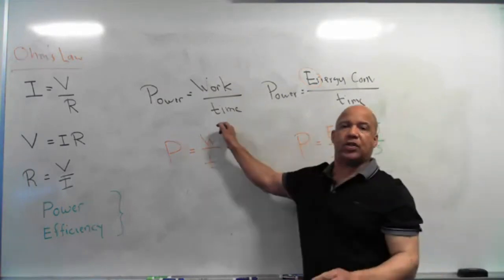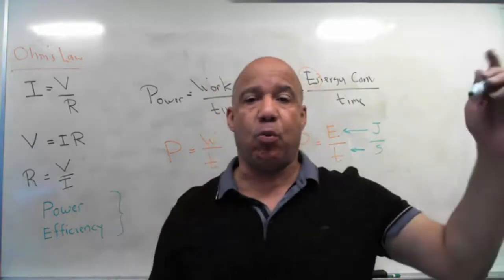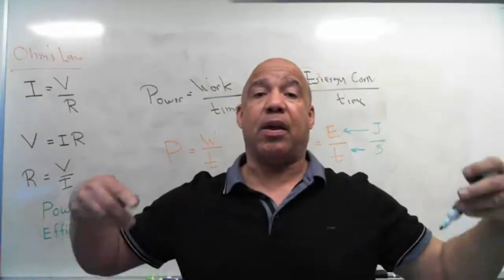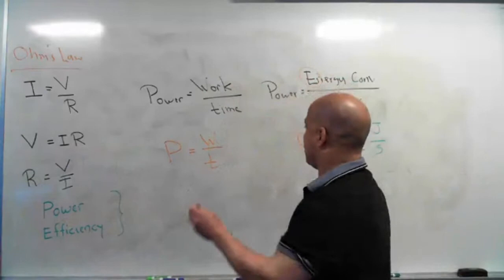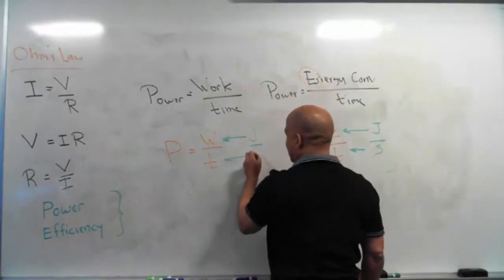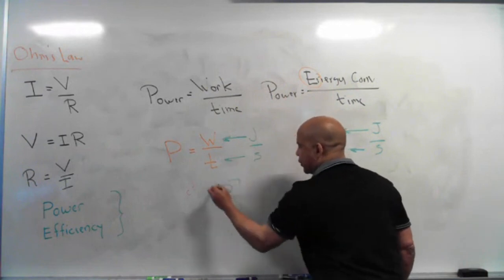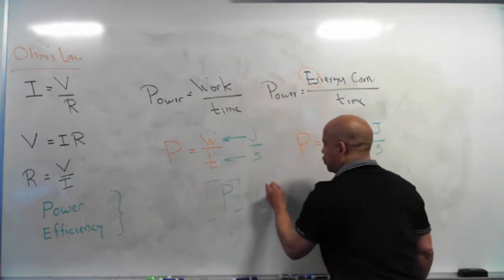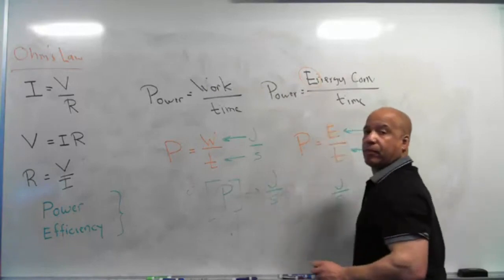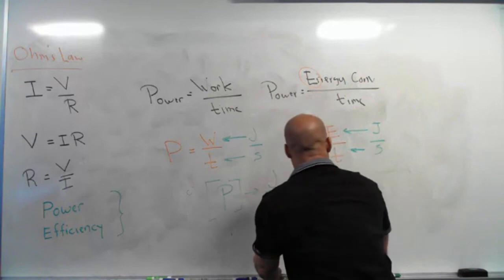What about work? What's the unit for work? Well, in the last video, you learned that work and energy have the same unit, joules. So the unit for this is the joule, and the unit for time is the second. So power has units of joules per second.